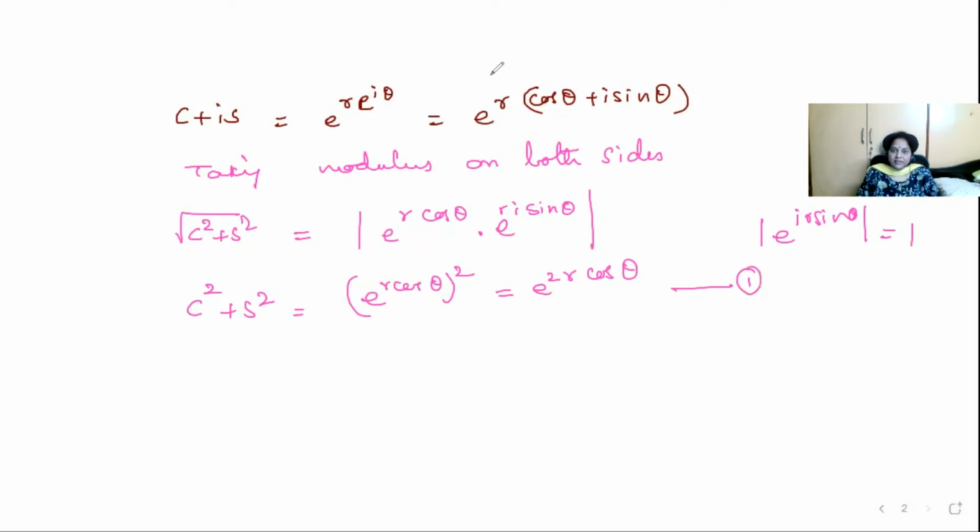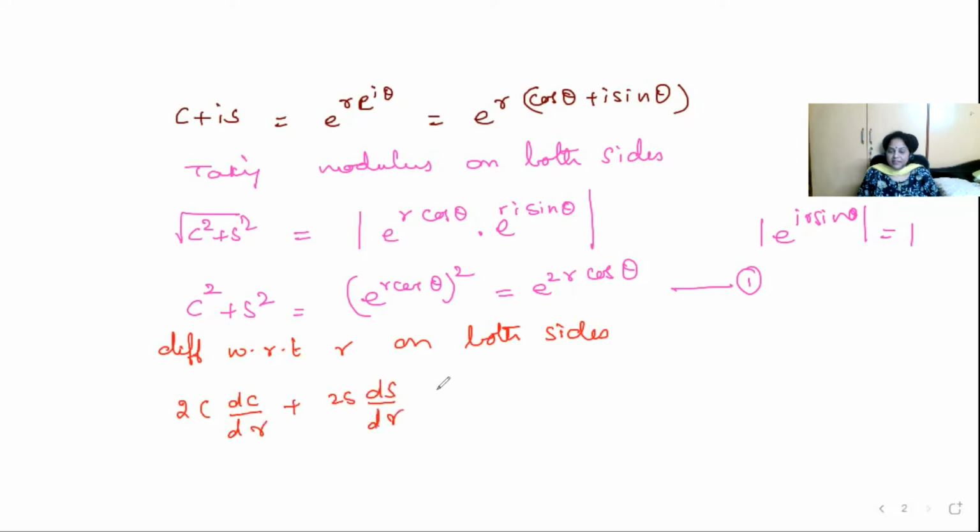Later we are in need of c dc by dr plus s ds by dr. So when we differentiate this with respect to r on both sides, we arrive at 2c dc by dr plus 2s ds by dr on the left hand side.